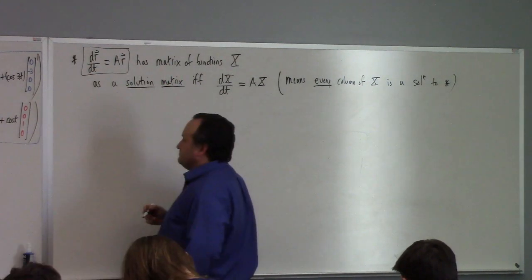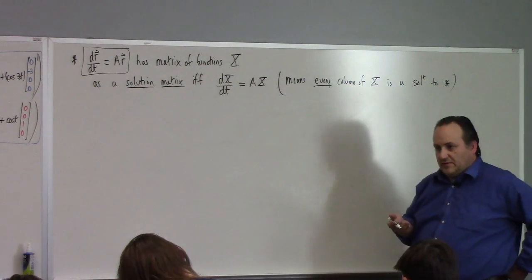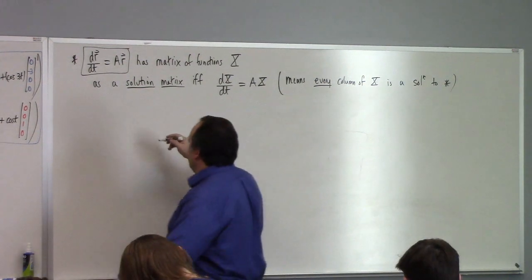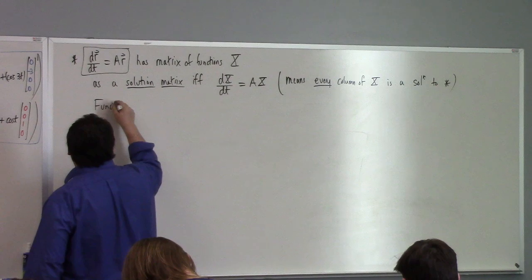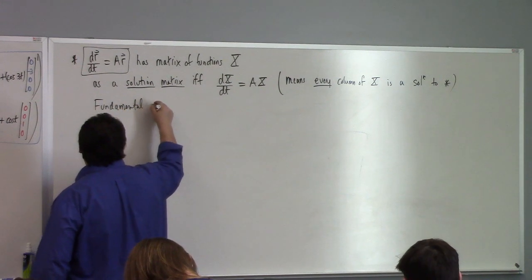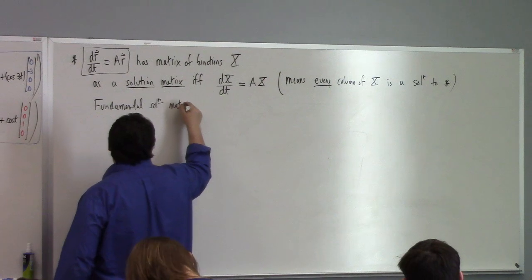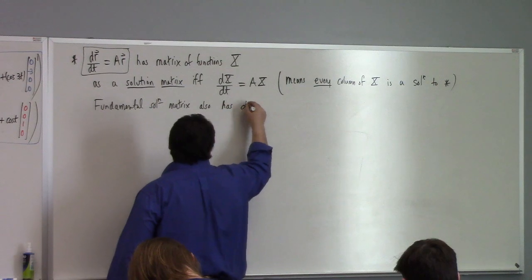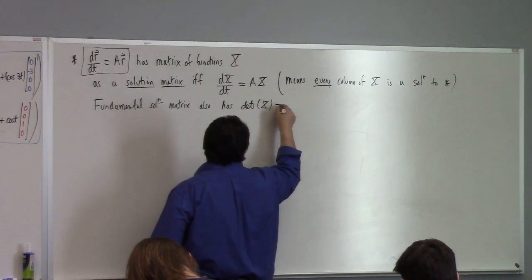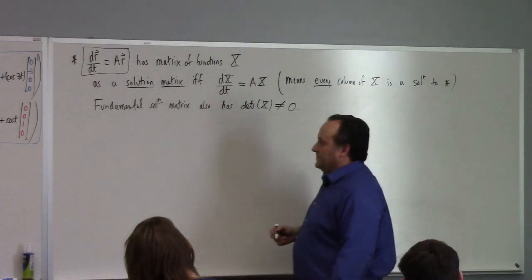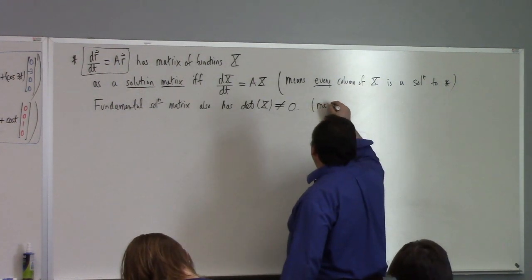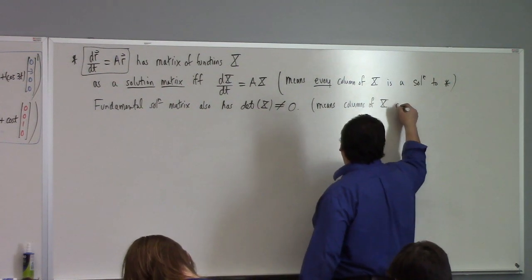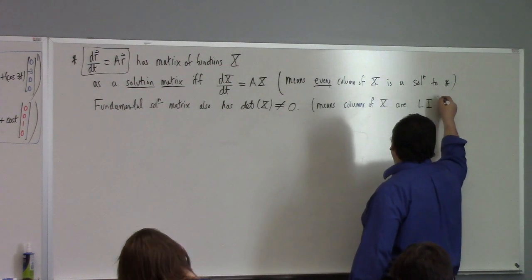To say it's a fundamental solution matrix is one more thing. It's a solution matrix, which is also what? Also has the determinant of X not equal to 0. By the way, that means the columns of X are linearly independent.